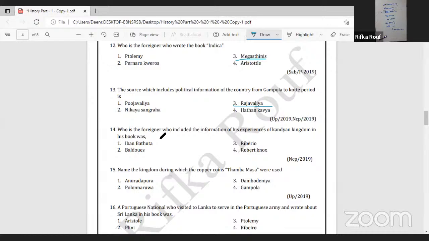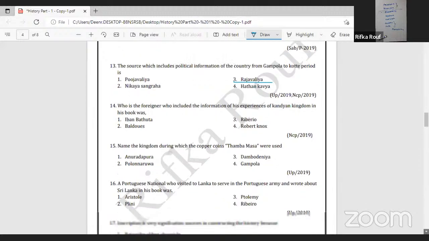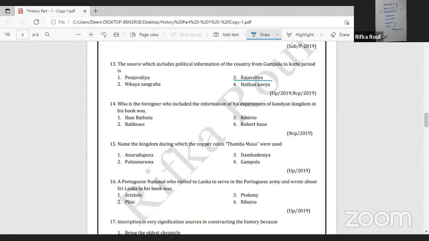Who is the foreigner who included the information of his experiences of the Kandyan kingdom in his book? Here, the answer is Robert Knox. Why?